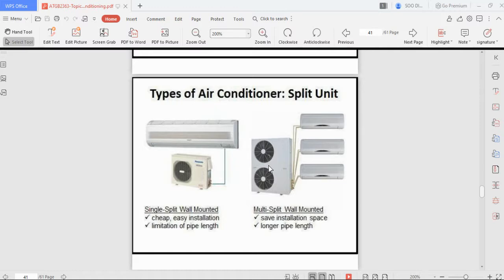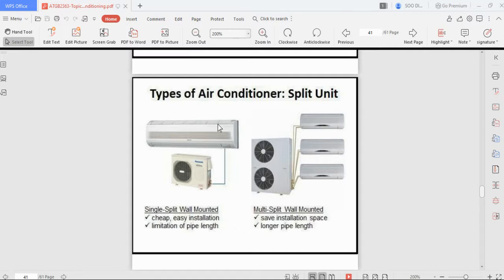There are different types of air conditioner, the split unit. You can have a single split wall mounted, or you can have a multi-split wall mounted. In most cases you'll see something like a single split wall mounted.